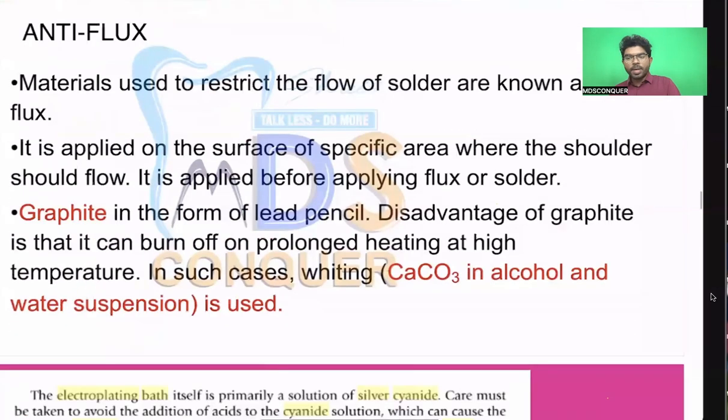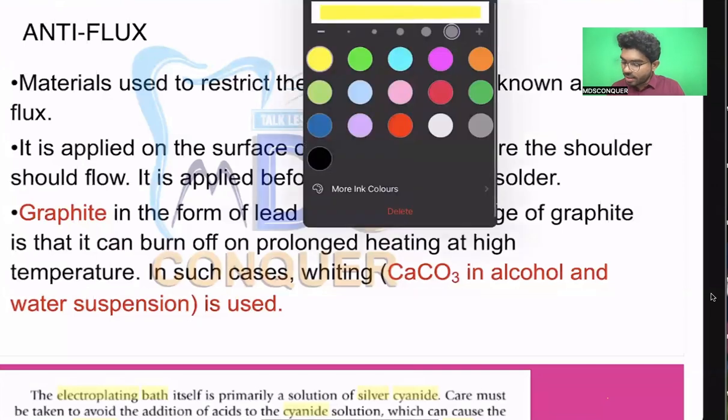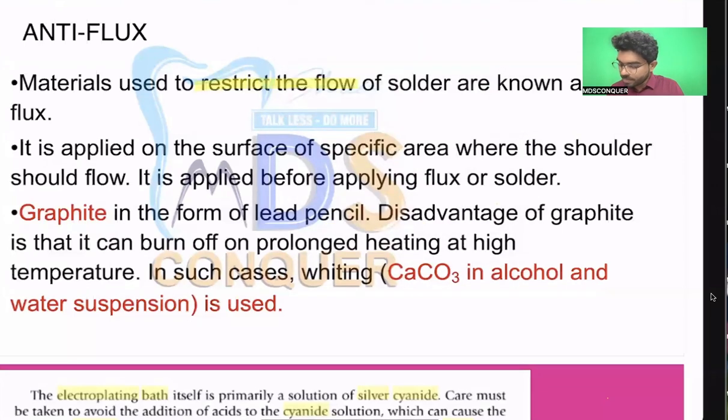The next one is anti-fluxes. Flux allows the flow, whereas anti-flux restricts the flow. The two important anti-fluxes are, first, graphite. Graphite is basically lead pencil, which contains carbon.